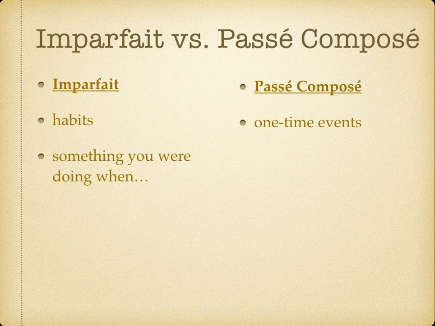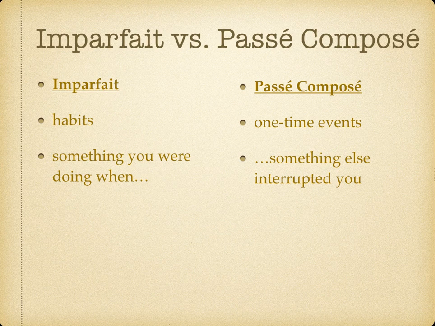We also have the interruption sentences that we were talking about before. So something that you were doing when something else interrupted you. Again, note that this isn't necessarily the first verb in the sentence. It's the first verb in the timeline is the imparfait. So earlier we had the example, I was eating when she coughed. I can flip the two halves of that sentence and still make perfect sense.